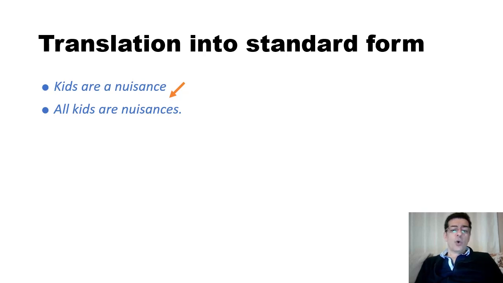One was all x are y, no x are y, some x are y, and finally some x are not y. Now we'll have to translate my sentence into one of these sentences. So if I say kids are a nuisance, I can't say it is standard and I need to change it to maybe an A claim, right? And say all kids are nuisances.